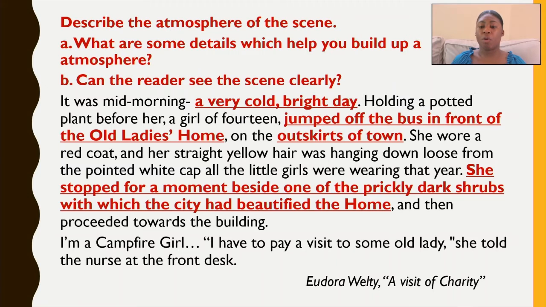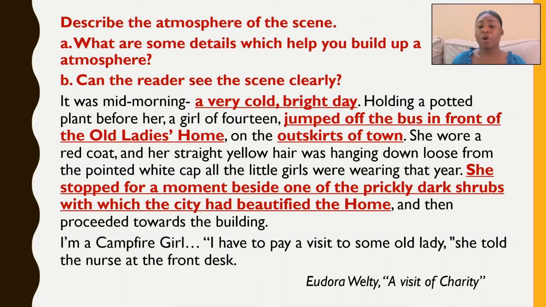It was mid-morning, a very cold, bright day. Very cold, bright day tells us about the atmosphere. Jumped off the bus in front of the old lady's home. We learn more about where the story takes place with this line. On the outskirts of town. Also, more information about where the story takes place.